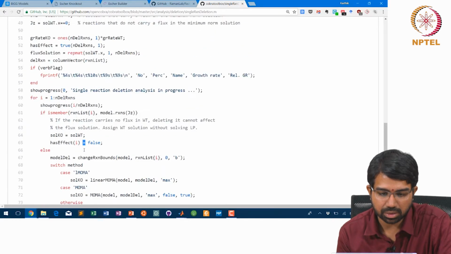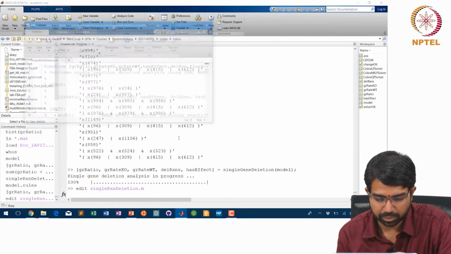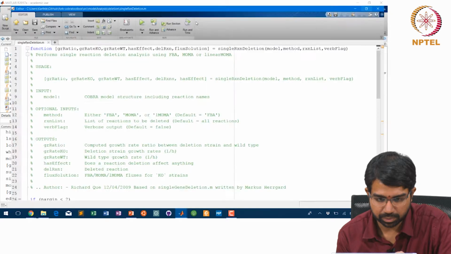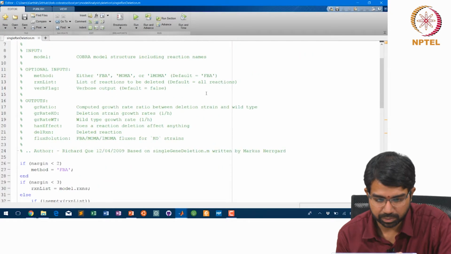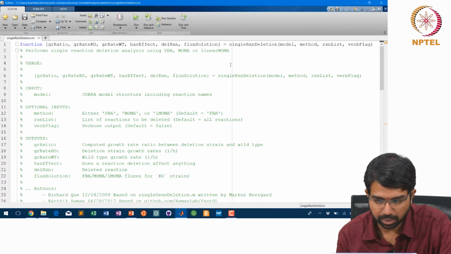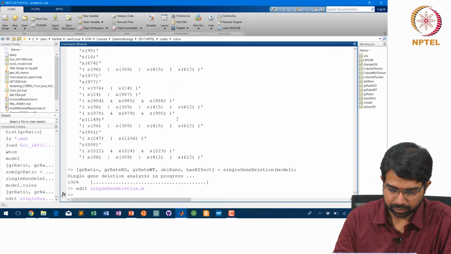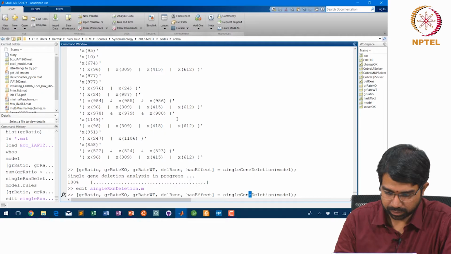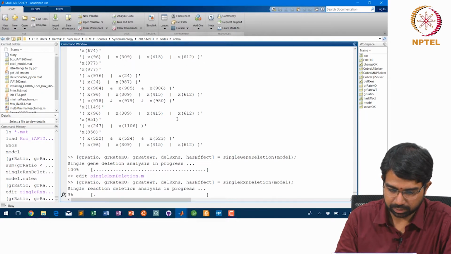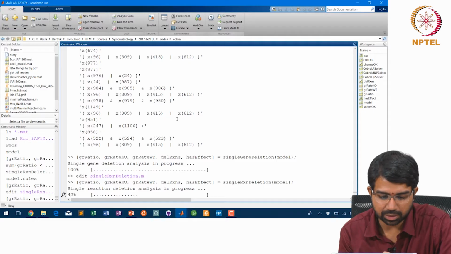So if you run this, you will now see that this is much faster. Yeah, this is way faster than the single reaction deletion that I was running previously.